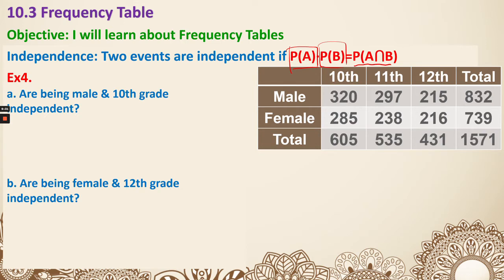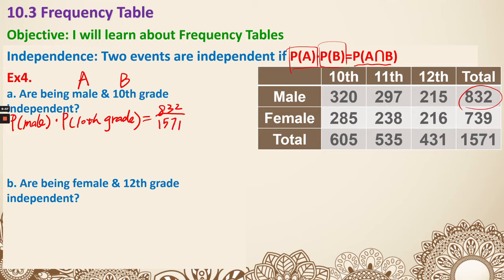Are being male and 10th grade independent? So basically, male is our event A, and 10th grade is our event B. Let's first calculate them separately. Probability of male times probability of 10th grade. Again, these are just separate, the categories are separate. So male is going to be this number, 832 out of 1571.